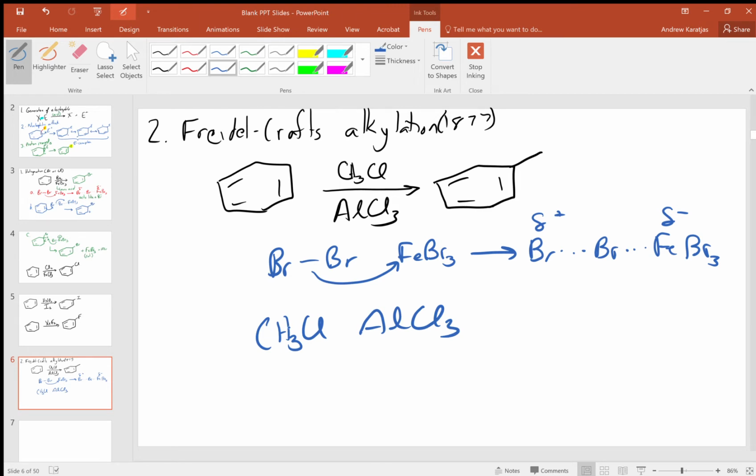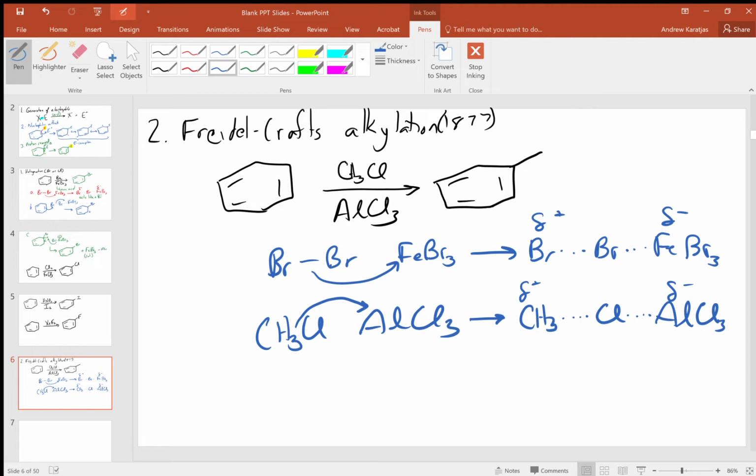The electrons in the carbon-halogen bond will attack, in this case, an empty p orbital on aluminum, and form an intermediate that is very, very similar to what we had in the halogenation. Yes, the electrophile is different. Yes, we have a different metal. But other than that, it's largely the same type of intermediate.